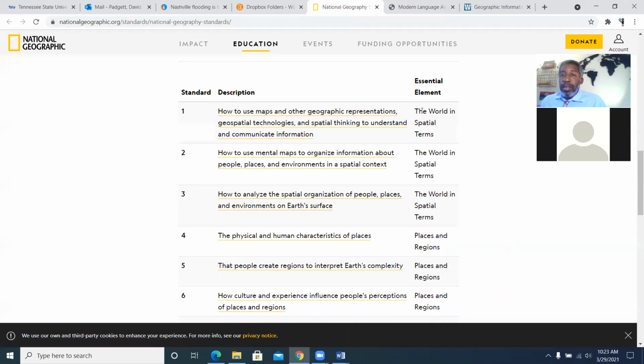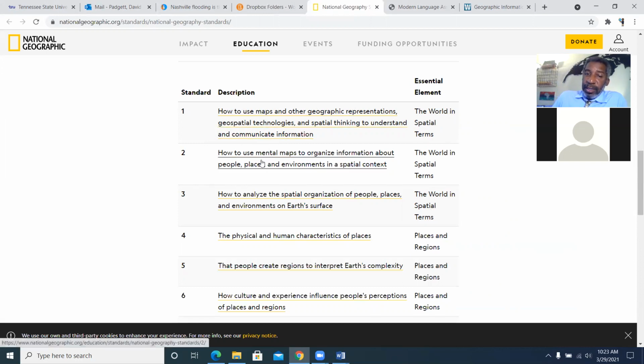What's listed here are the essential elements. Notice that the first 3 standards have the same spatial elements. Notice that the essential elements are somewhat closely related to the 4 traditions of geography. I don't know if you all noticed that. So from this point forward, the standards are these longer ones.